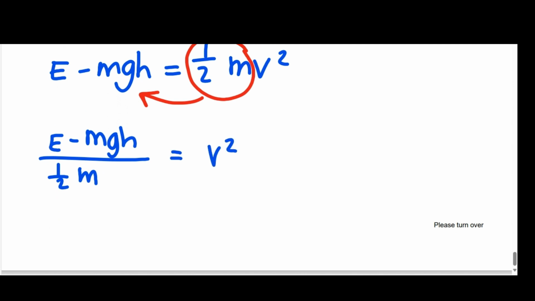If I'm dividing by half, you could probably leave it like this, but I think they'd want you to be able to see this. So if I'm dividing by a half, that is the same as timesing it by 2. So I could also, let's just put this into perspective. So if I've got E minus mgh, if I am dividing that by a half, remember we can use that keep, flip, change rule.